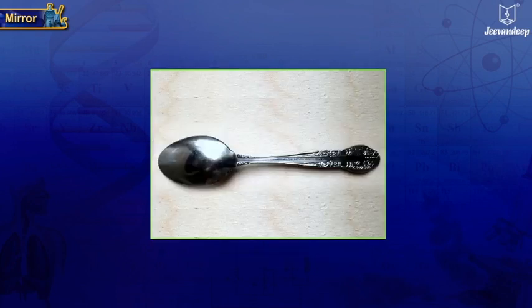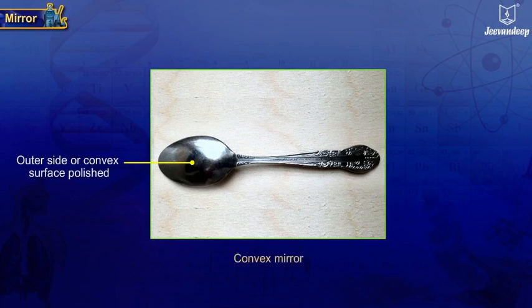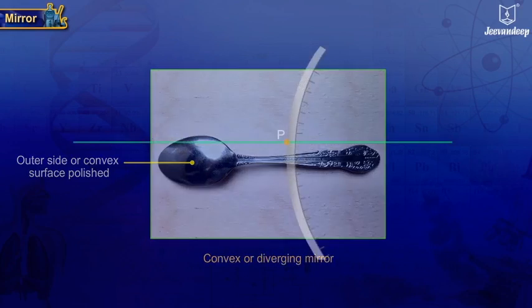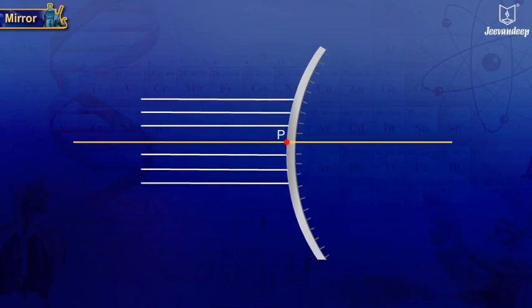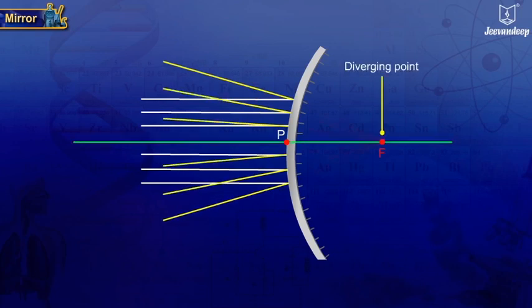A spherical mirror that has its outer side or convex surface polished is called a convex mirror. It is also called a diverging mirror, as the incident rays of light parallel to the principal axis appear to be diverging from a single point after reflection.